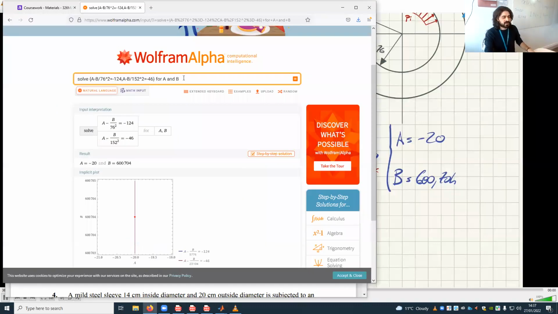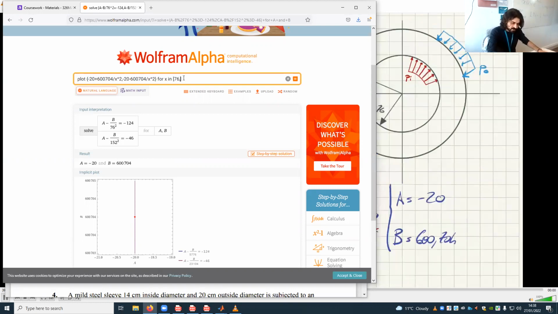Now that I know what A and B are, let me plot these two distributions: minus 20 plus 600,704 divided by x squared, and exactly the same but with a negative sign, for x in the internal radius 76 to the external radius 152.